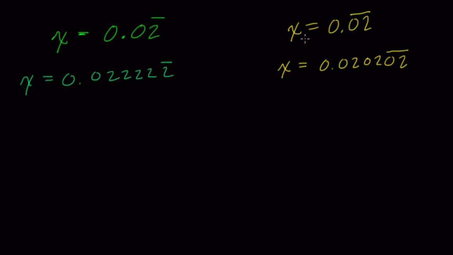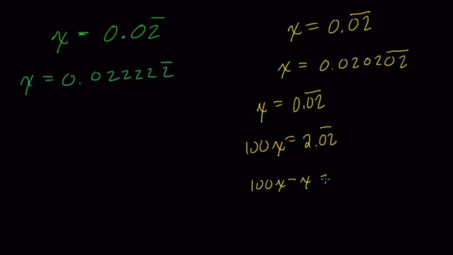Well, on the right here, with 0.02 repeating, we would set x equal to 0.02, our decimal, and multiply by 100, as we've been doing, right? So here we move our decimal twice to the right, and we get 2.02 repeating. And our proof is basically the same as before. 100x minus x equals 2.02 repeating minus 0.02 repeating.